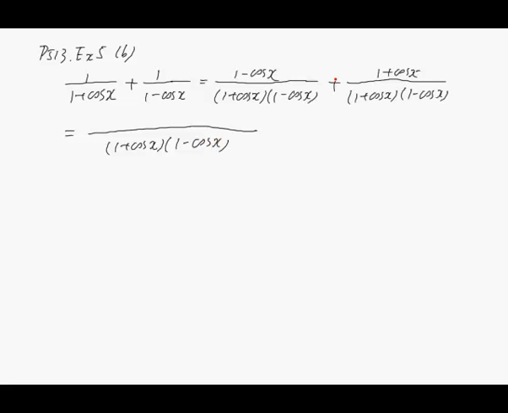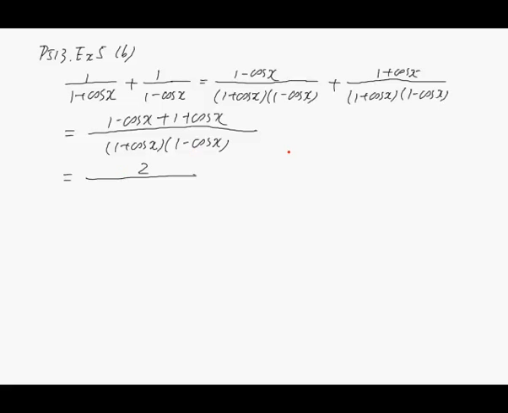Then we add these two numerators: 1 minus the cosine x plus 1 plus cosine x, right? Now this negative cosine x and this cosine x cancel, so you have 1 plus 1, 2. So you get the 2 over 1 plus cosine x times 1 minus cosine x, right?